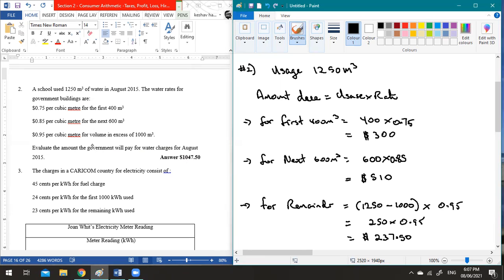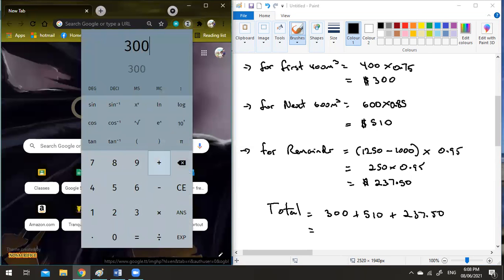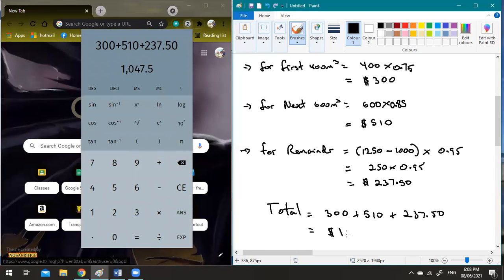Now they didn't say anything about taxes, so you don't have to add taxes, right? So the total is 300 add 510 add 237.50. So the school will have to pay $1,047.50.